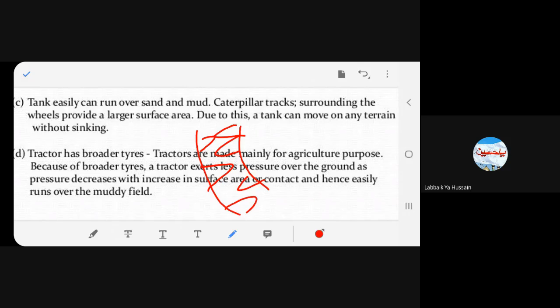Now that track is giving a large surface area to the tire. We know that if the area of the tire is large, the pressure will be less. So it's a huge tank. It's got so much weight. In spite of that, it does not sink in the ground. You understand? Hello? It does not sink in the ground because of these caterpillar tracks.